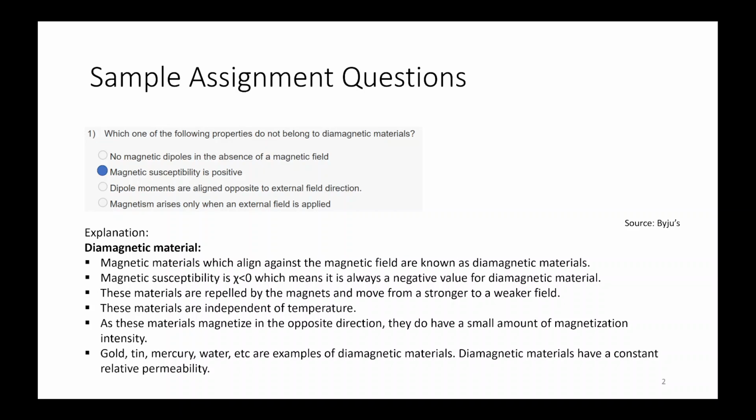These materials are independent of temperature, and they magnetize in the opposite direction. They do have a small amount of magnetization intensity. Examples are gold, tin, mercury, water, etc. Diamagnetic materials have a constant relative permeability.